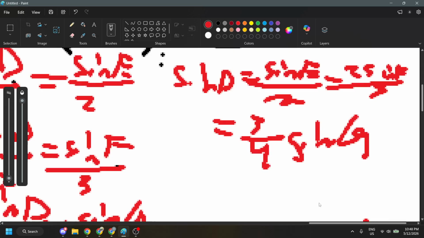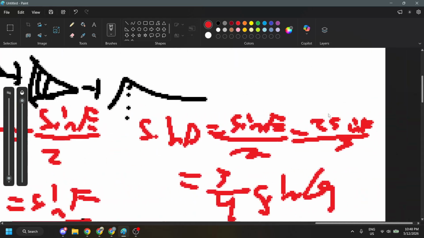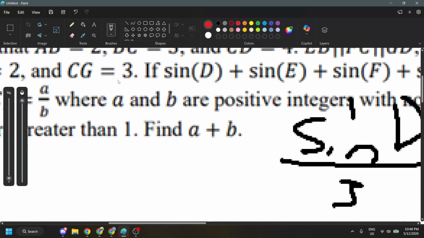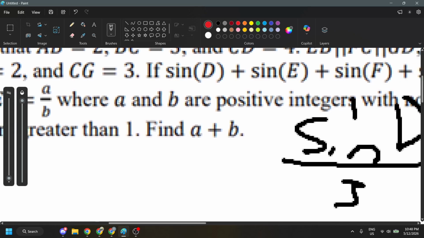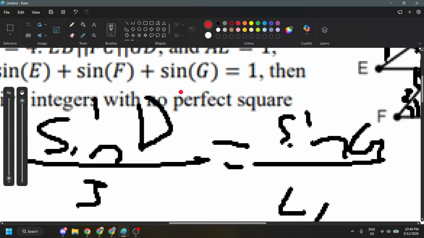Then we just solve for E in terms of G, and plug them in. Just solve for E in each of these, plug it in here, and then rearrange, solving for E by simplification, and that gives you the answer.